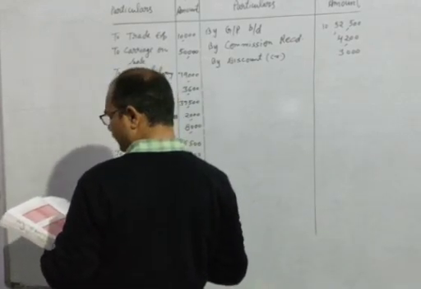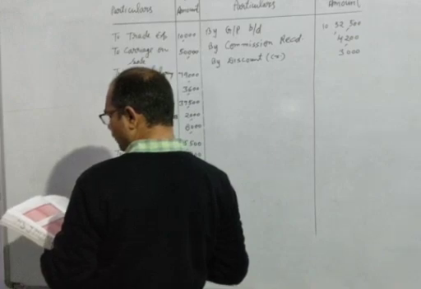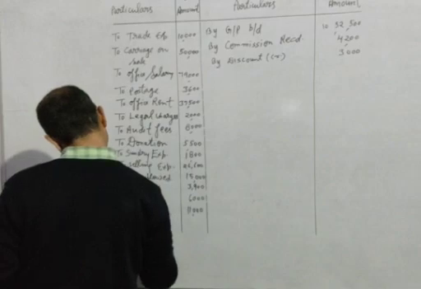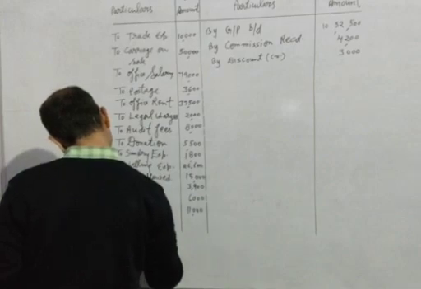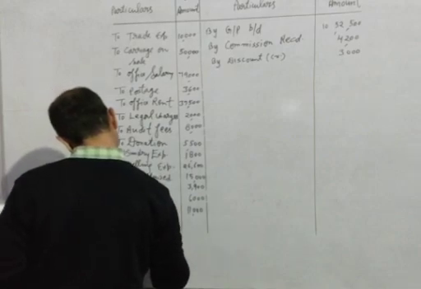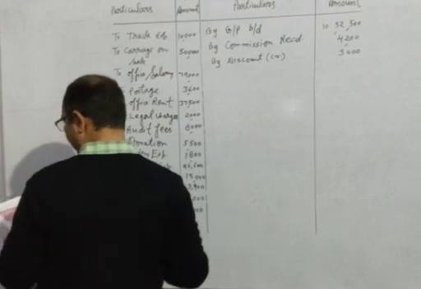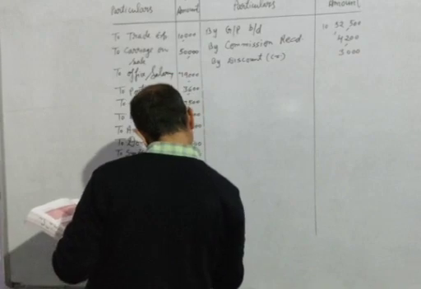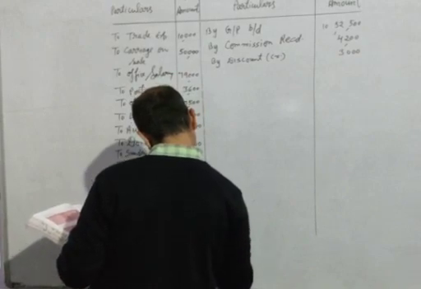The next one is stable expense. This is also an indirect expense. So we will write here stable expense is of 7,000.